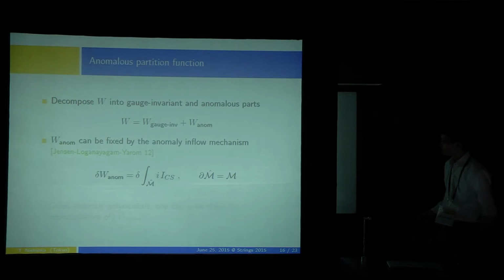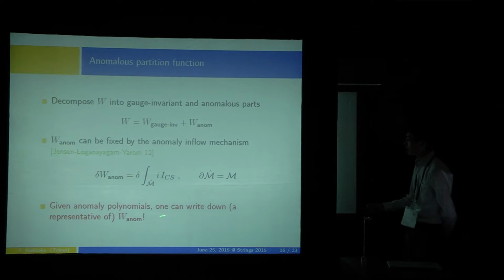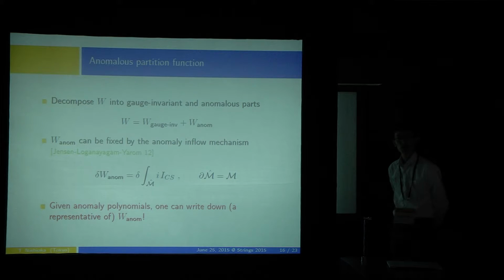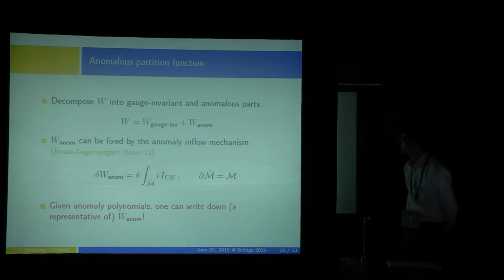They show that given anomaly polynomials, one can write down a representative of this anomalous partition function very systematically. This is a very powerful formulation.